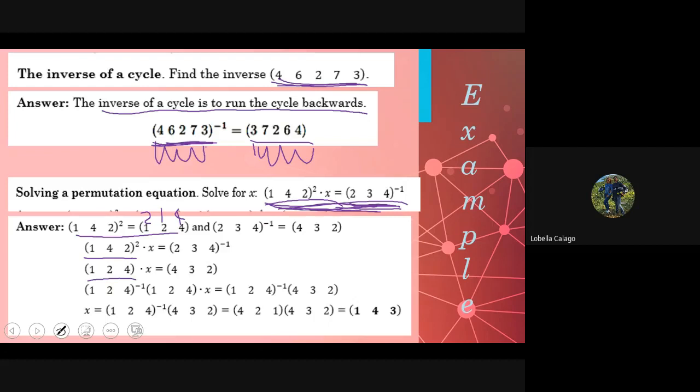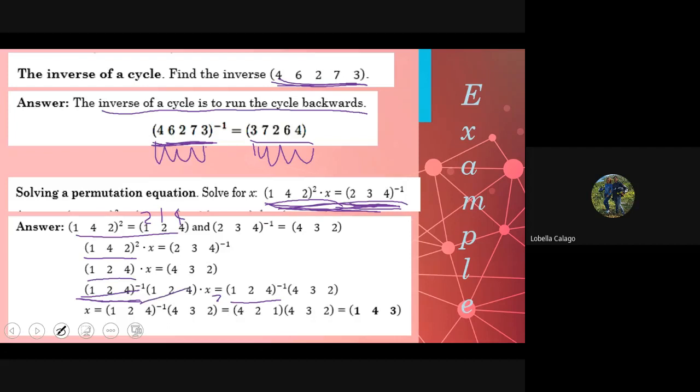Next, since we were going to find the x, ilalagay lang po natin si inverse dyan. Since nilagay natin si inverse sa kabila ng equal sign, may inverse din po siya dito. So, this will give us the identity.